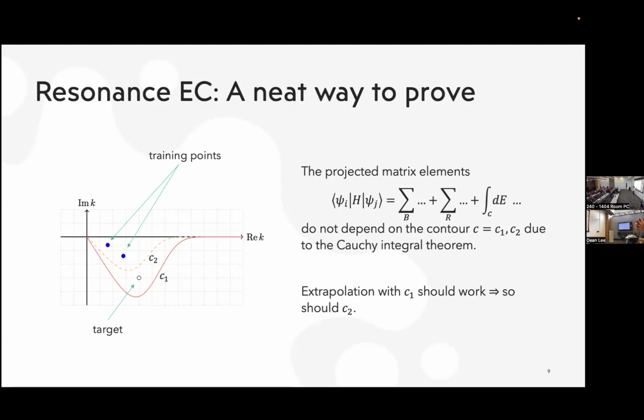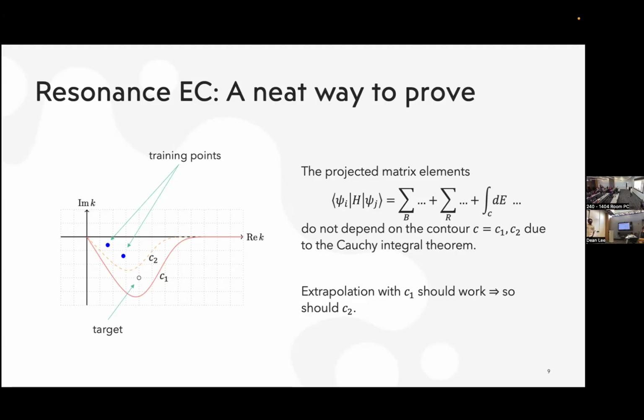So if you were to do a full calculation with this C2, you won't get this. Right. So if I deform, there is no pole, so the integral is the same. If there is no pole between C1 and C2, then of course I can deform the contour. Then I get the same result. Yes. The idea is you can just use this contour, train on these two resonances, and then build an emulator on this to get anything below this.